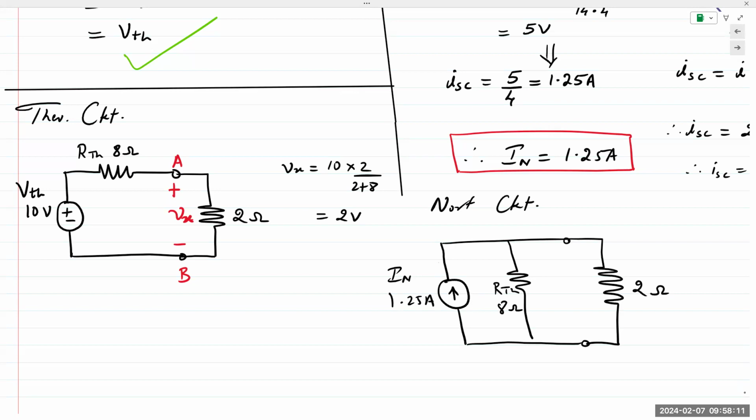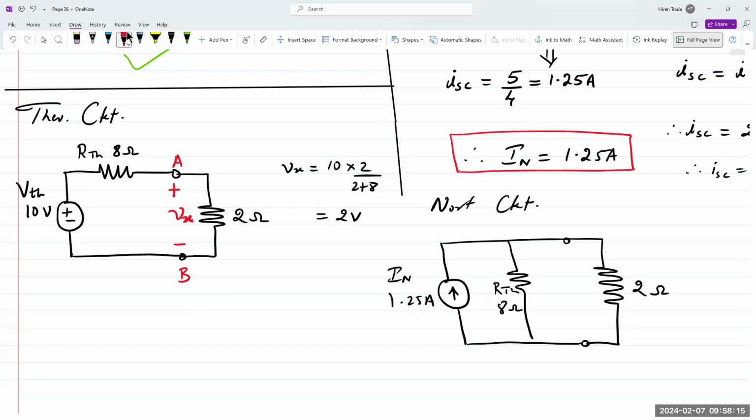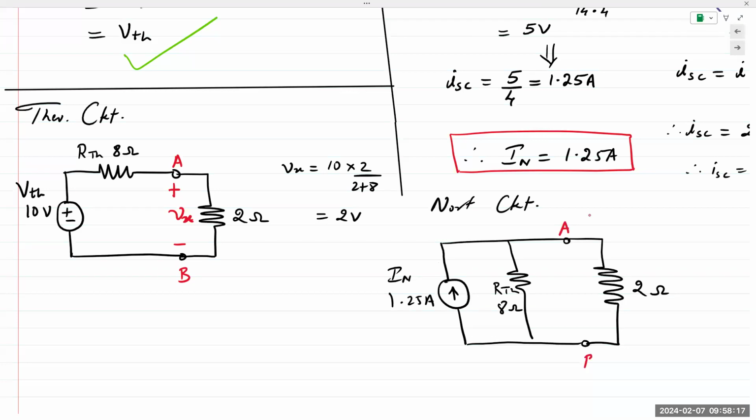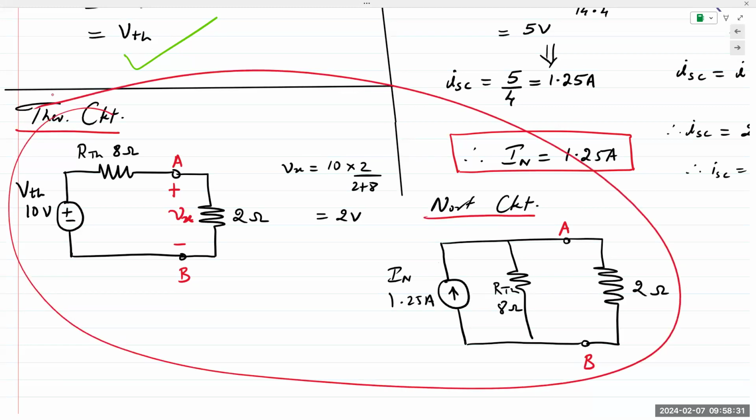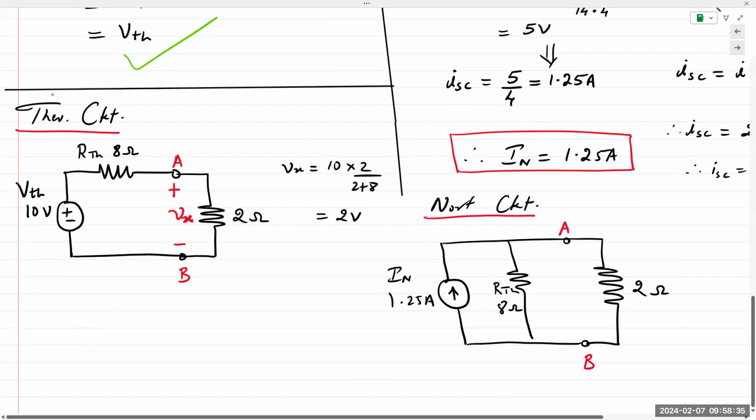And our 2 ohm resistor connected back into the circuit. A, B. So when I ask you for the Thevenin circuit and Norton circuit, this should be your final step, your final answer. Draw the Thevenin and Norton equivalent circuits.